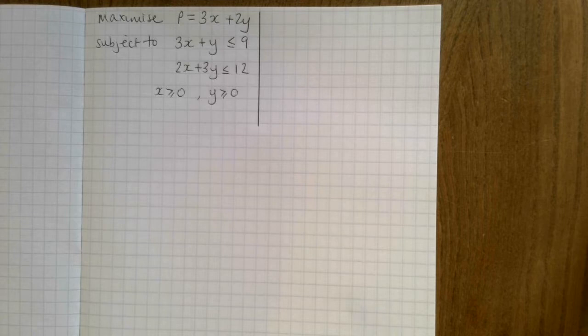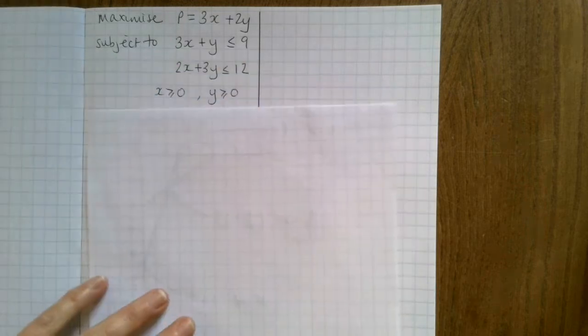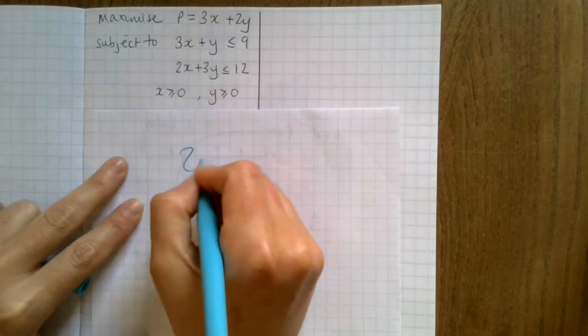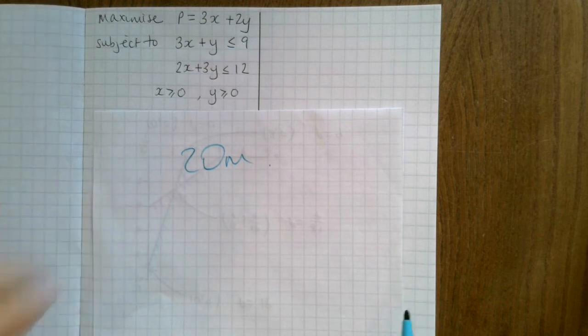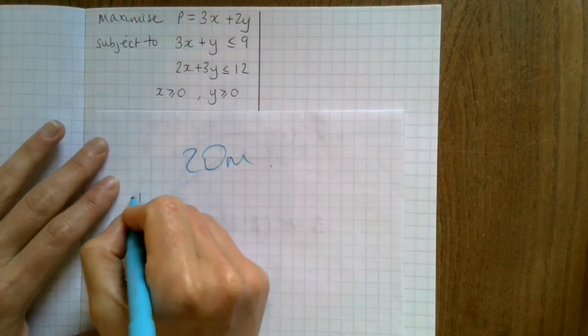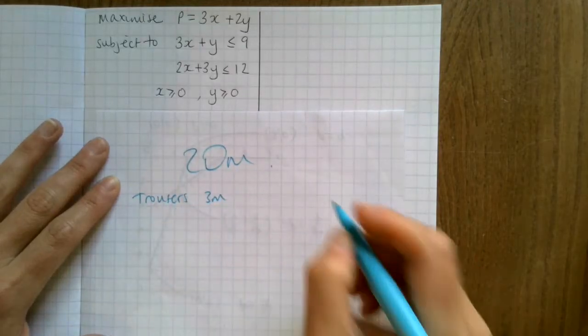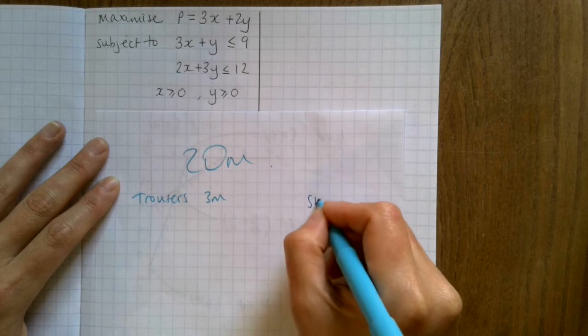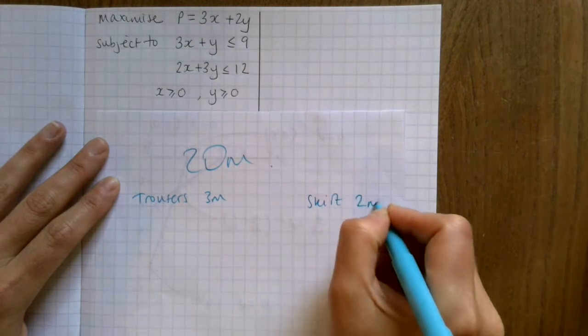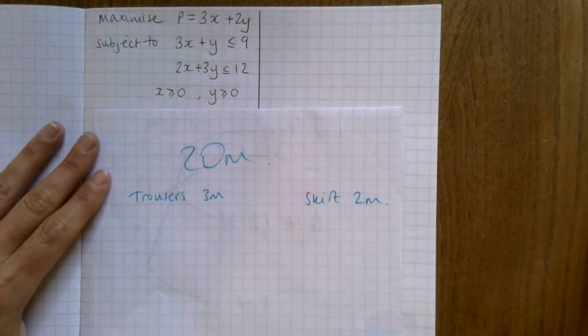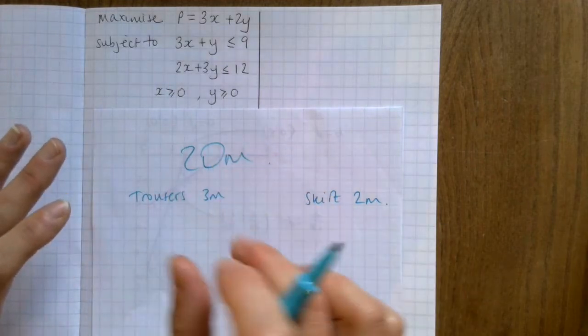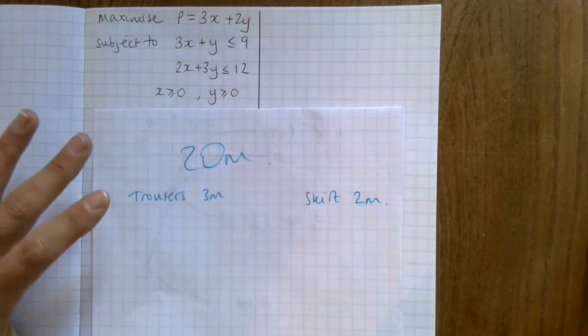The best analogy I've seen for this is imagine that you had a 20-meter roll of cloth, and trousers took 3 meters to make, and I don't know, a skirt took 2 meters to make. So that's how much material each of them took, and you had 20 meters to use altogether.